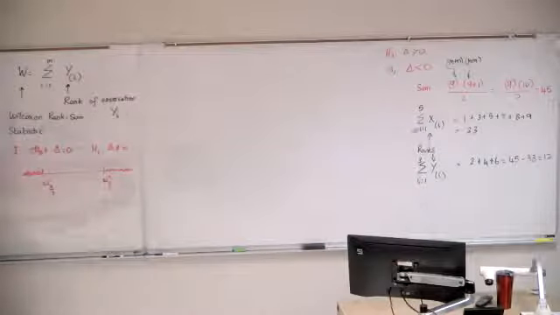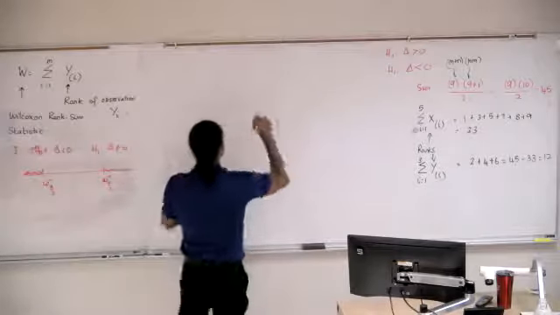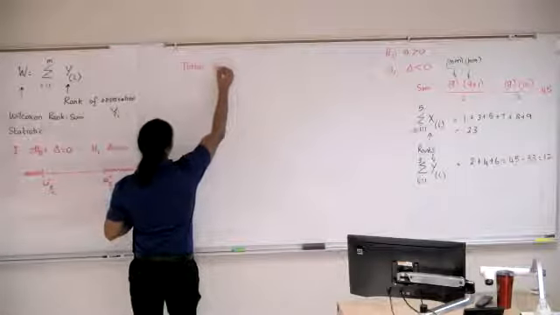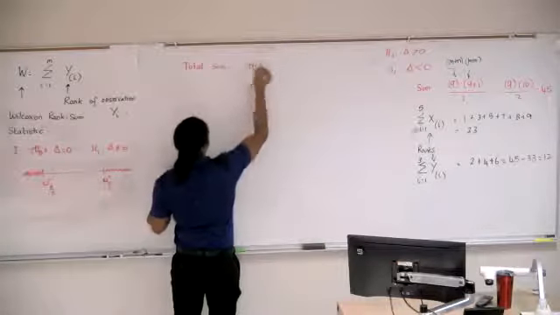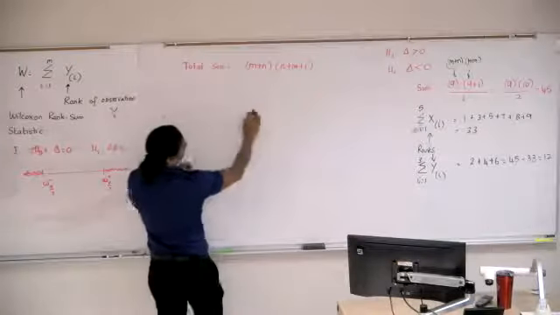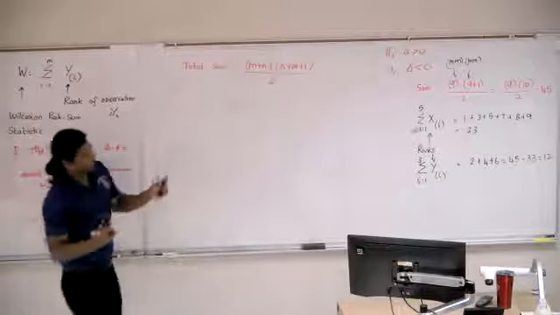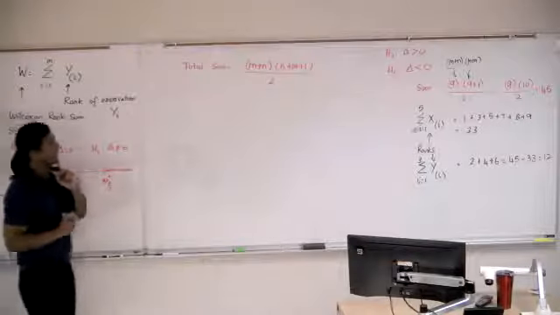We're going to use a similar logic here. The total sum, m plus n multiplied by n plus m plus 1 divided by 2, or n plus m, one and the same. Do we agree? Yes.